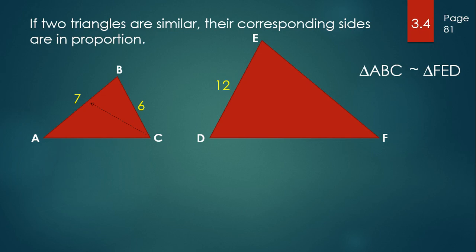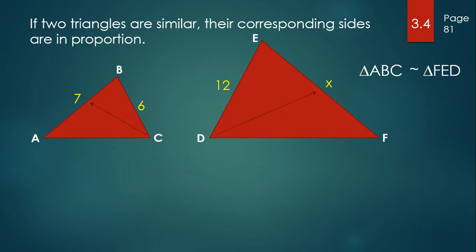For example, in the smaller triangle, side AB measures 7 units and it's opposite angle C. So which angle in the larger triangle corresponds to angle C? Well, that's angle D. So that means the side opposite angle D has to correspond to the side that measures 7 units in the smaller triangle.